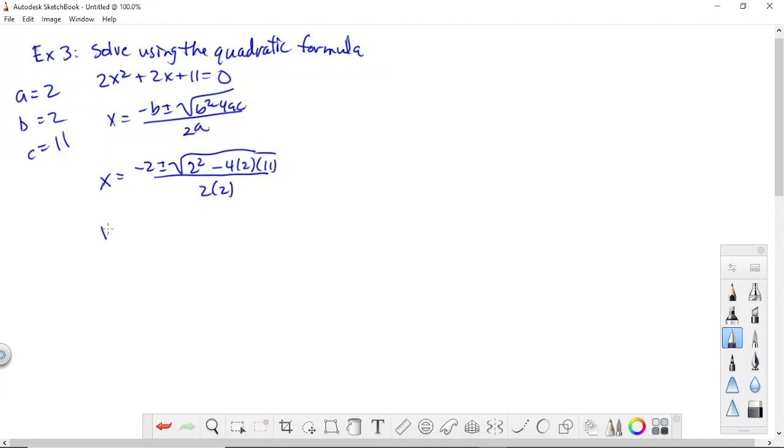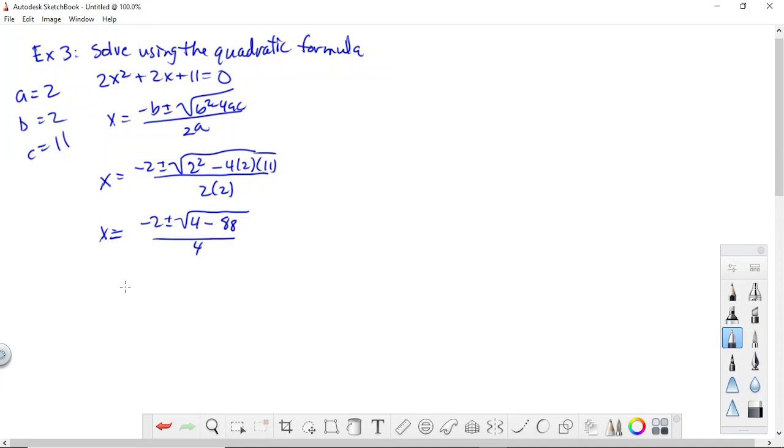Okay, so you got negative 2 plus or minus. Under this square root, we have 4 minus, let's see, that's 88, right? 8 times 11, 88. Okay, and that's all over 4.